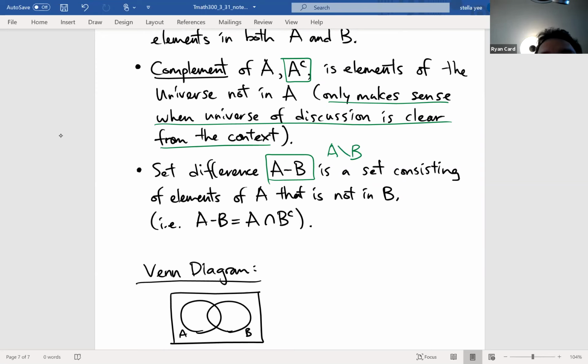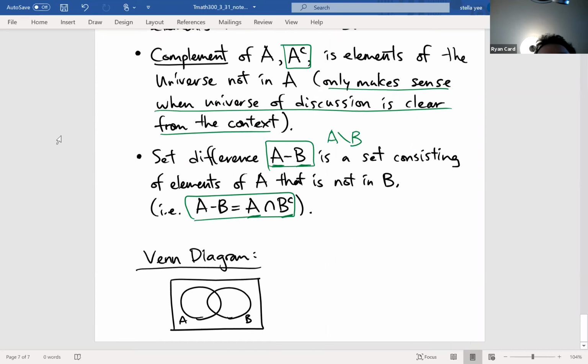This consists of all the elements in A that are not in B. So another way to write that is A intersect everything that's not in B. So that's how you can talk about a set difference.